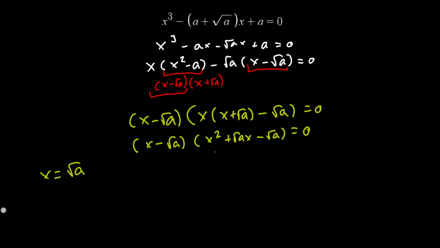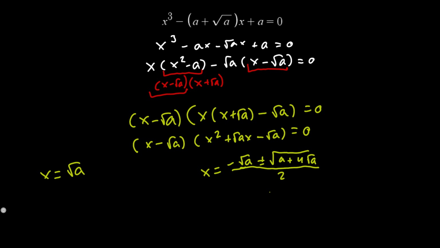Now we're going to go ahead and solve the quadratic one. So we have x is equal to minus root a plus or minus the square root of a plus 4 root a, all over 2.